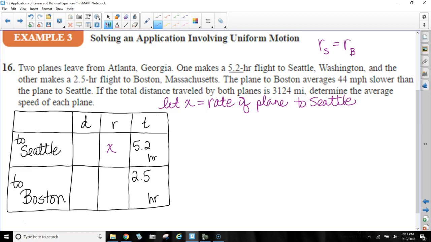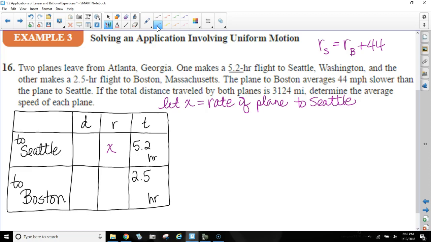The plane to Boston is slower, so to make those equal, we will add 44 to the Boston rate.